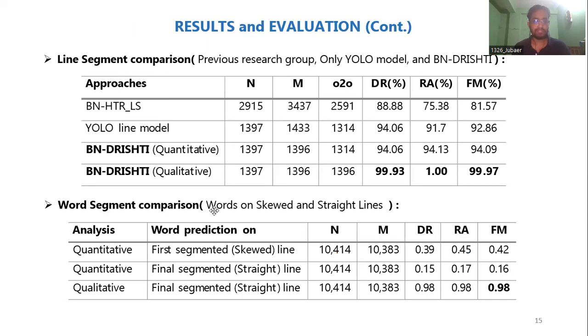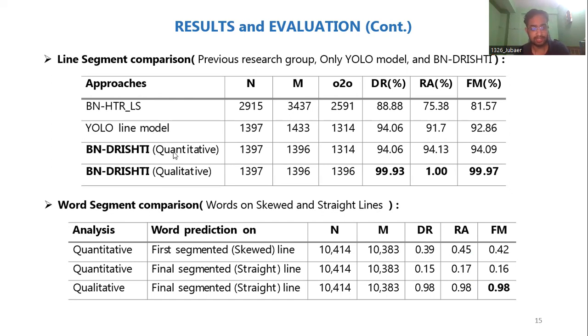Before the comparative analysis, we compared our results with our previous research group approach, which is BN-STR line segmentation, and our old YOLO line model. As you can see, our system outperforms those two approaches.